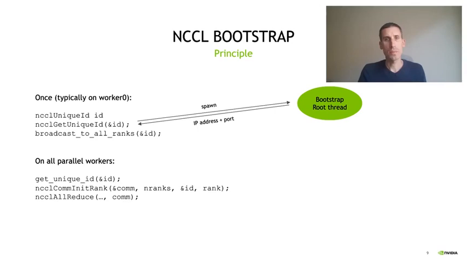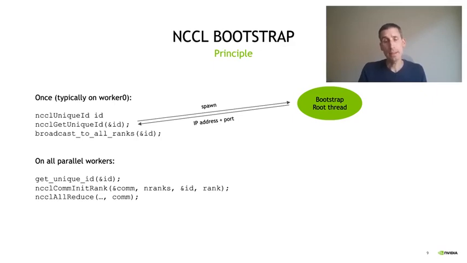So as I mentioned, the first step to create a NCCL communicator is to call ncclGetUniqueId. This is just done once, usually by one of the processes in the group, but not always. It could be done by some orchestrator that would then launch all the workers. So that's not necessarily one of the ranks in the group. During that call in practice, NCCL will launch a thread that will be waiting for connections, and the IP port and address will be actually part of the unique ID, so that all the ranks can then connect to it.